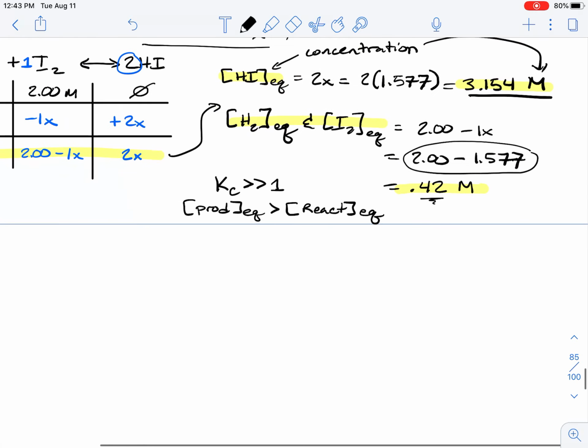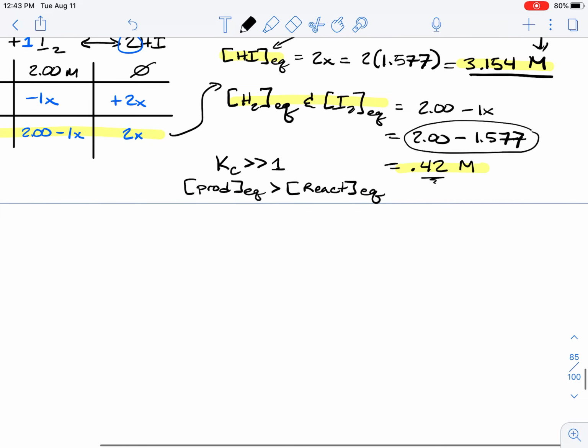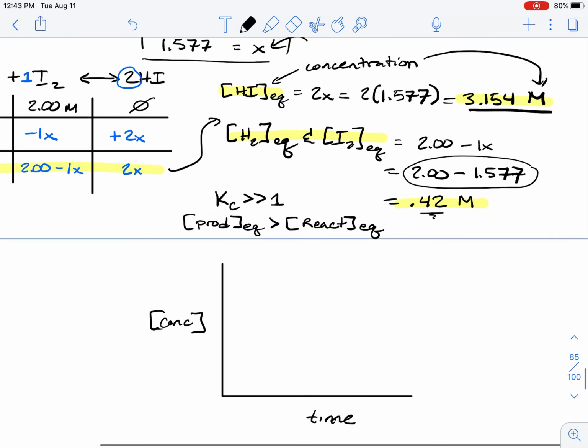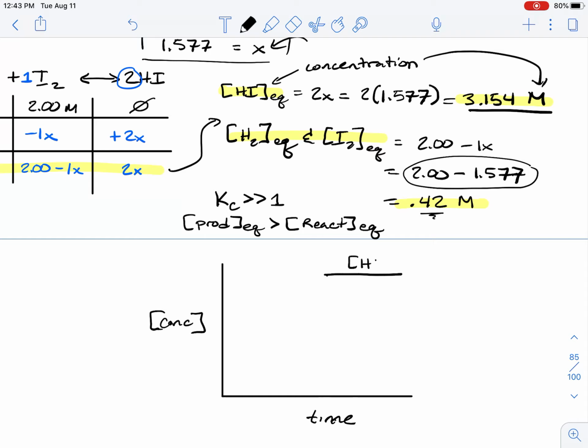And if you wanted to take this one step further, the graph that best describes a Kc value that's far, far greater than 1, in which this is going to represent concentration against time, is the scenario in which the concentration of the products is going to be much higher than the concentration of the reactants.